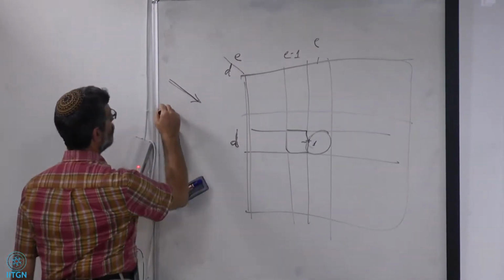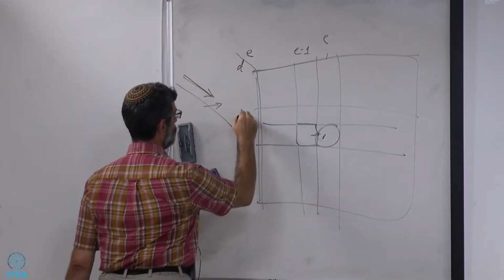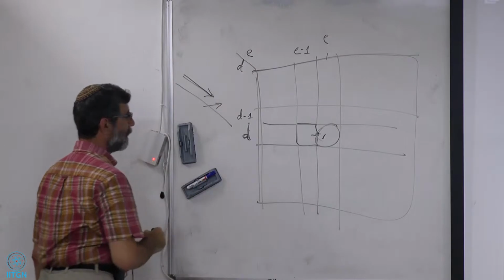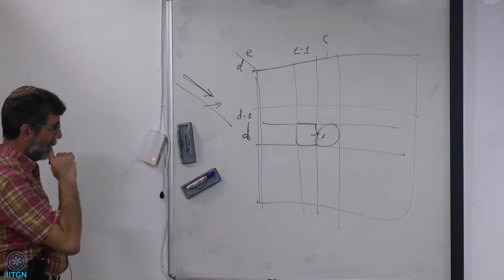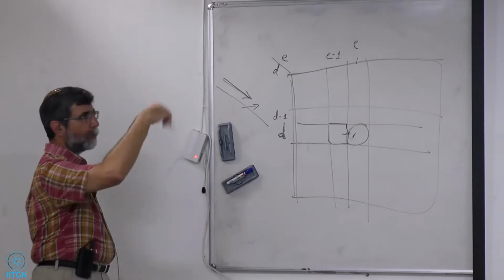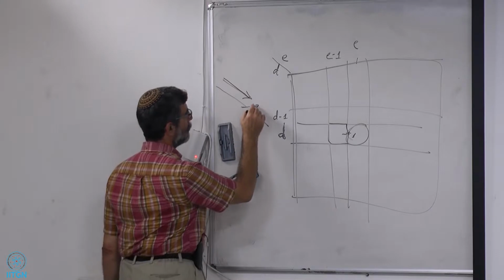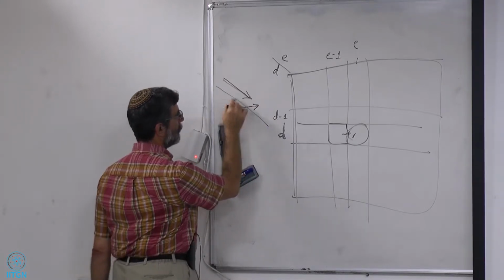So this diagonal could have given me 1. So it may be that we're going this way rather than that way. So this diagonal could have given me as far as I can go.